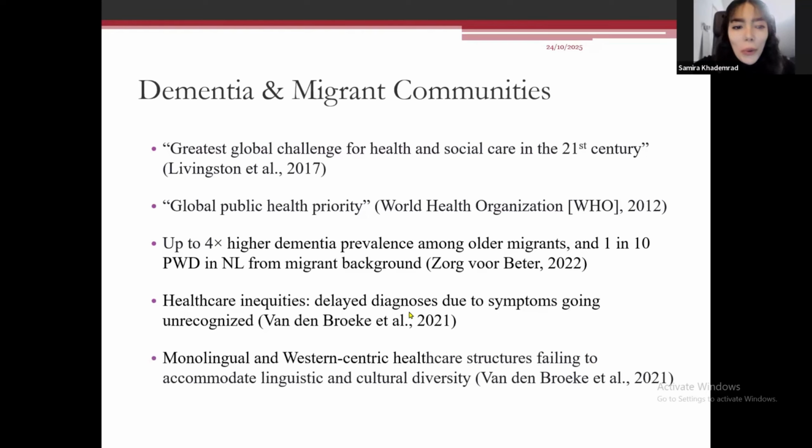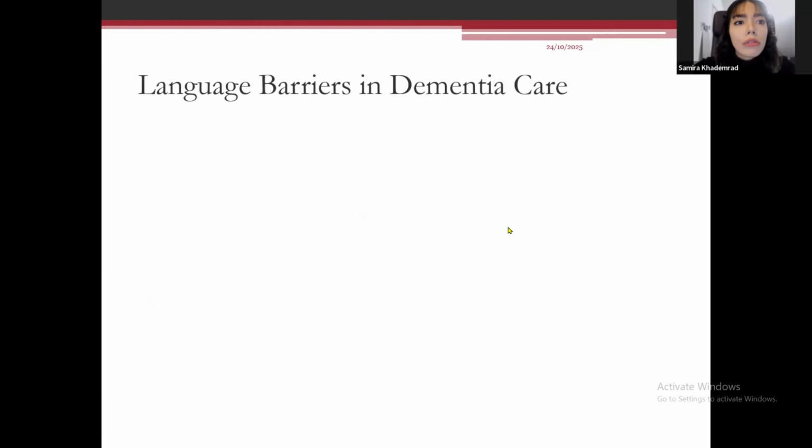Van der Broeke and colleagues also highlight that these issues stem from the current healthcare structures that are predominantly monolingual and Western-centric and fail to accommodate linguistic and cultural diversity.